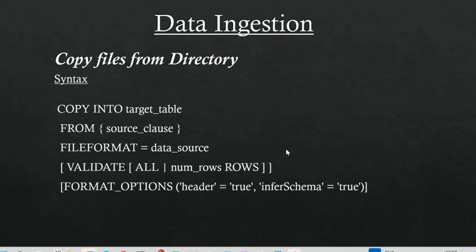Let's say you are loading a CSV file, and you want the header to be true, and you want the job to infer the schema. You can mention that as we do it normally in Spark Streaming. And you can do a copy option. Here the copy option means merge schema is true, so it will detect if there's any schema evolution that has happened, and it will go ahead and add your new columns into your schema itself.